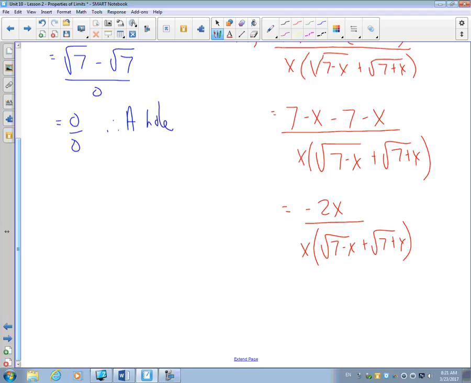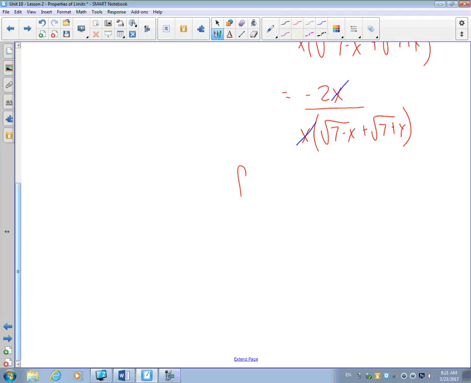We can now cancel something because it's multiplying on the top and the bottom, and I see an x here and an x here. So a simpler version for this function is negative 2 over root 7 minus x plus root 7 plus x.